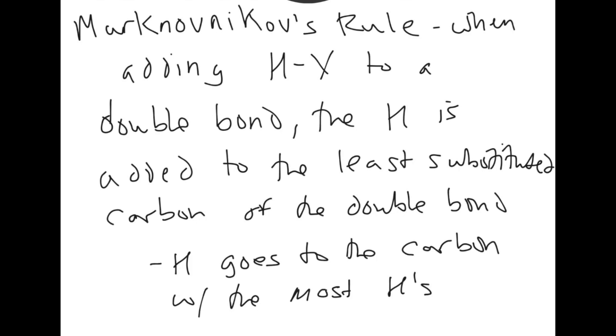So the carbon that has the least non-hydrogen things on it. Another way to think of this is you look at your double bond and you say which carbon has the most hydrogens. That's the carbon that gets the hydrogen from the HX.